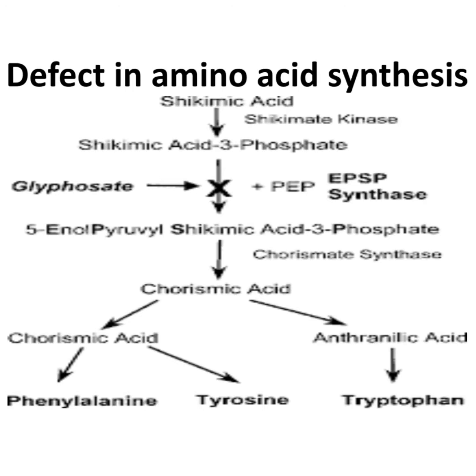Glyphosate blocks the conversion of shikimic acid 3-phosphate, in the presence of EPSP synthase, to 5-enolpyruvyl shikimic acid 3-phosphate. That is where it works.